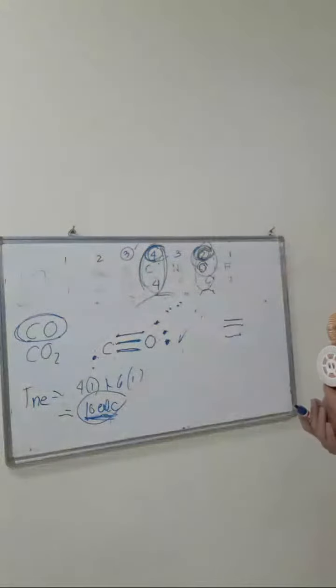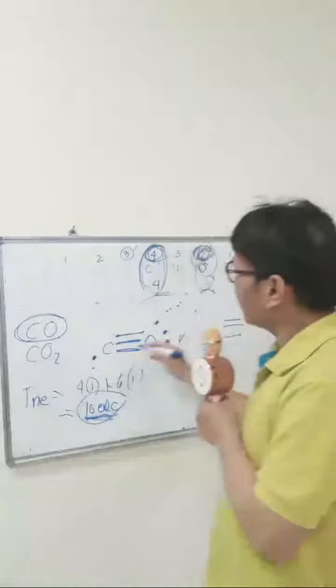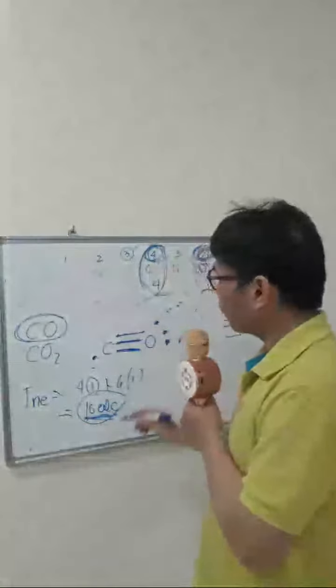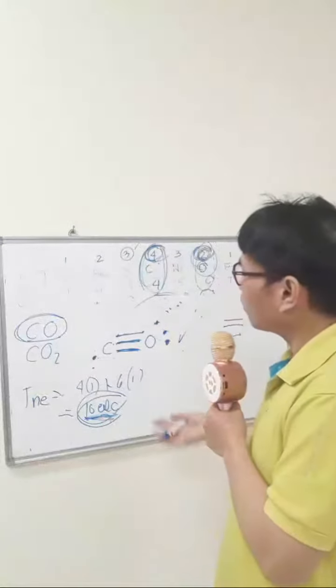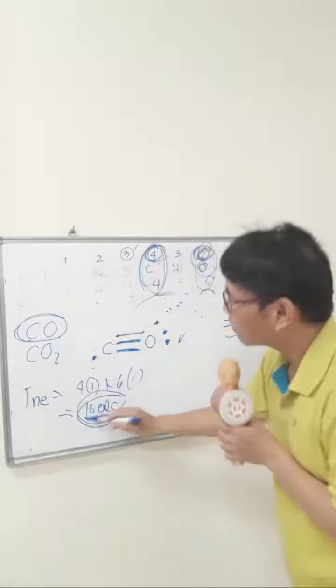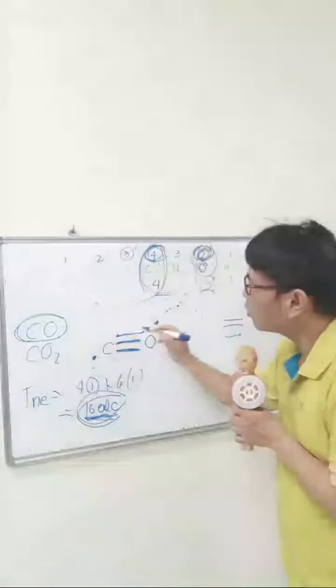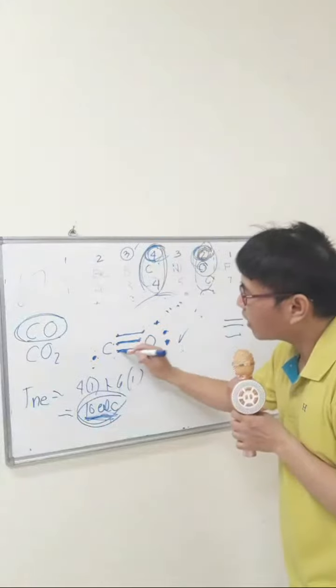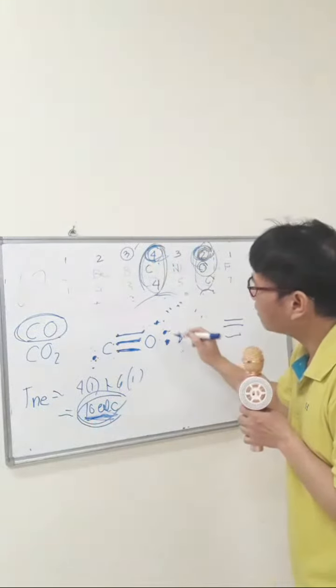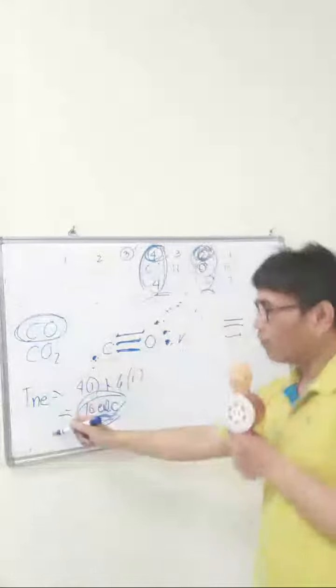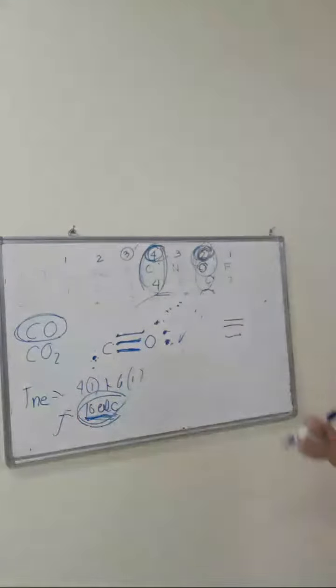Now, how can you do this? Count the 10 electrons: 1, 2, 3, 4, 5, 6, 7, 8, 9, 10. Correct, perfect. There are 10 electrons in this carbon to oxygen bond, carbon monoxide.